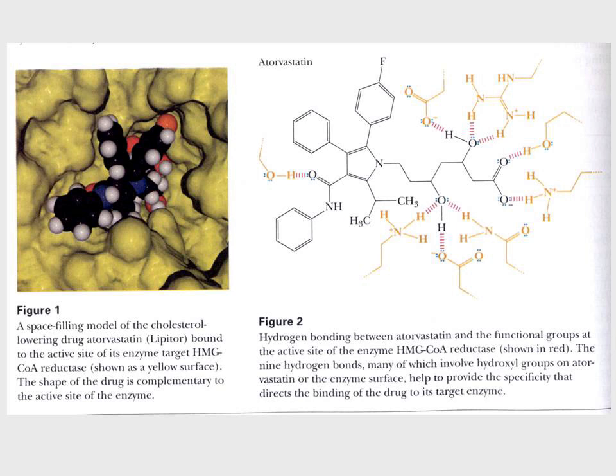So, first of all, the molecule should be able to fit into the binding pocket, and its shape is important so that the parts of the drug or the small molecule should be able to form hydrogen bonds with the appropriate side chain groups that are protruding into the binding pocket.